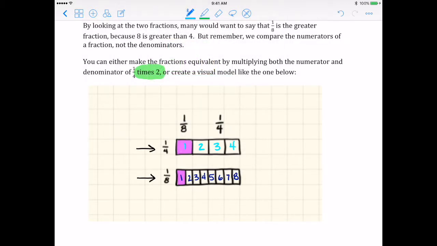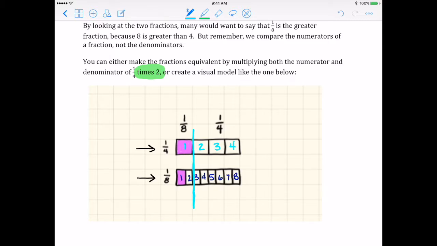So if I were to draw a straight line, and I'm going to use my grid paper here to help me too, and you always in math use grid paper. It makes it so much easier. I'm going to start with my 1/4 model, and I'm going to draw a line all the way down, and I'm going to keep following that same line straight down through my 1/8 model.